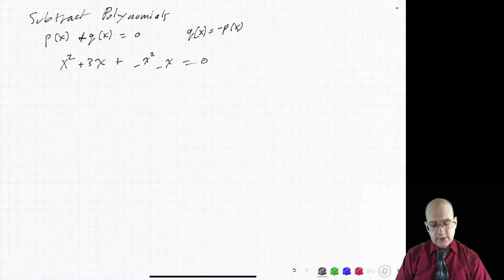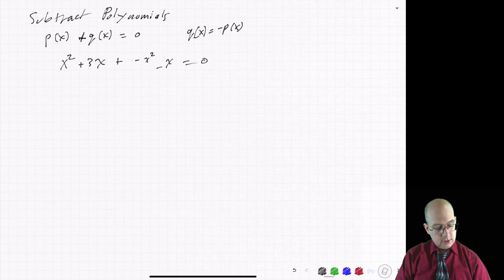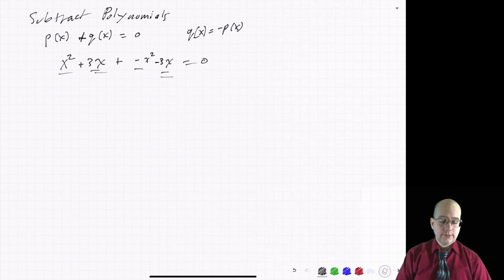Well, there's an x squared here, so minus x squared. And then for this thing, we need a 3 in front of the x to get 0. So this cancels this, and this cancels that, right? So that's how it goes.